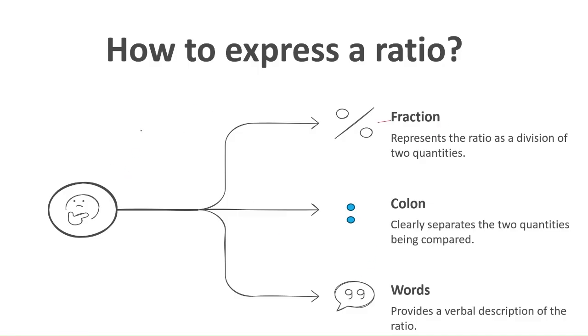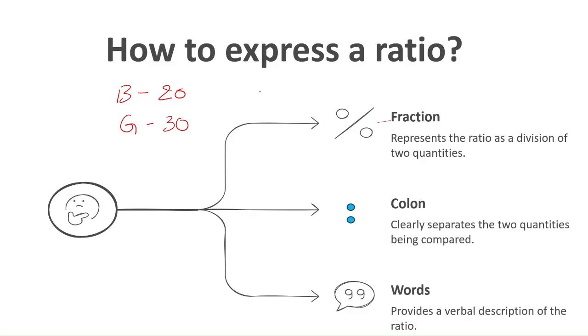The first format is, for example, you want to represent the ratio of boys versus girls in your school or in your class. Let's take that in your class you have boys 20, and girls 30. So how do you represent this as a fraction?